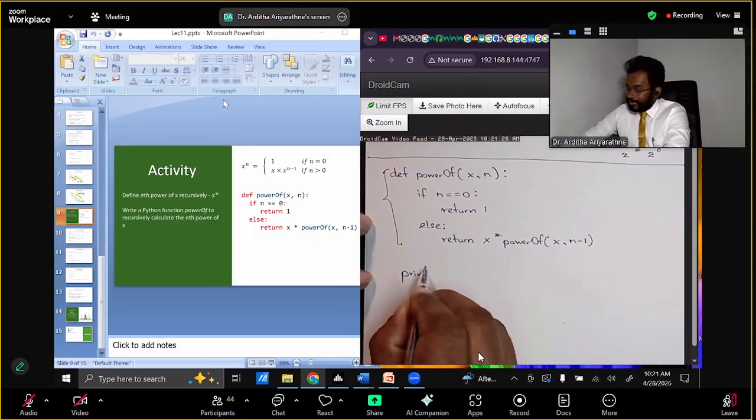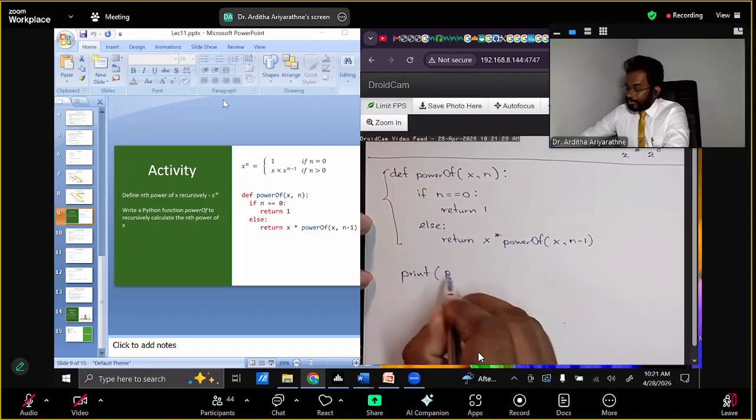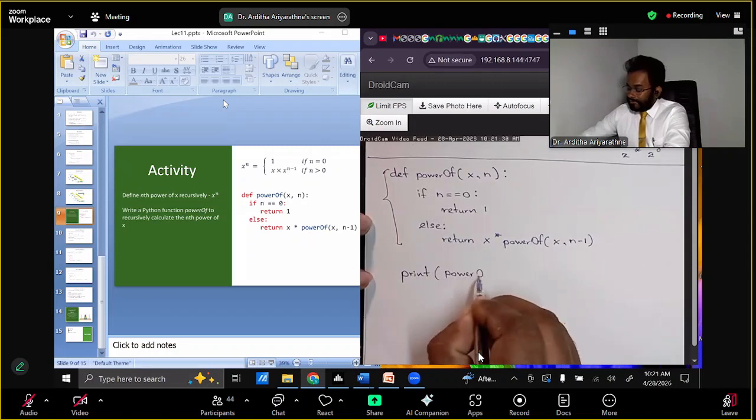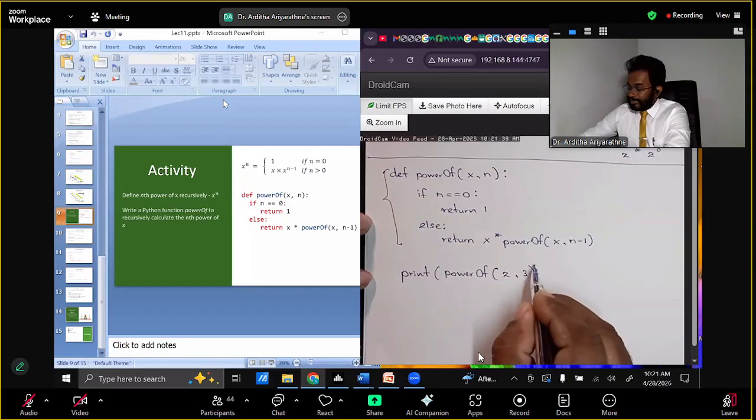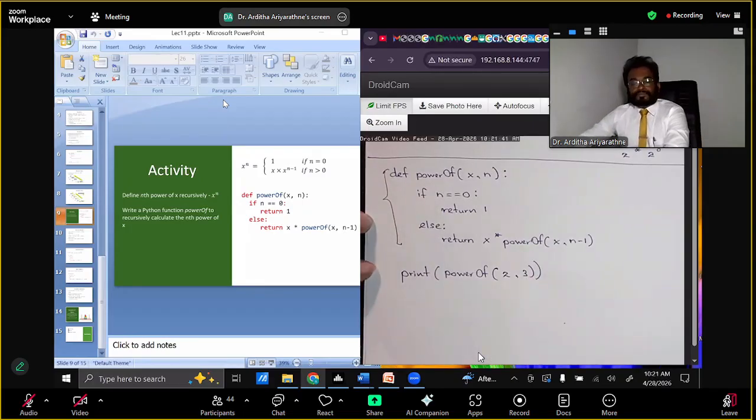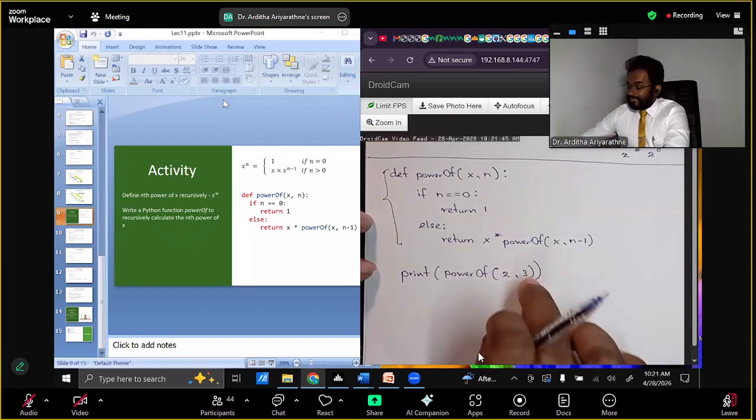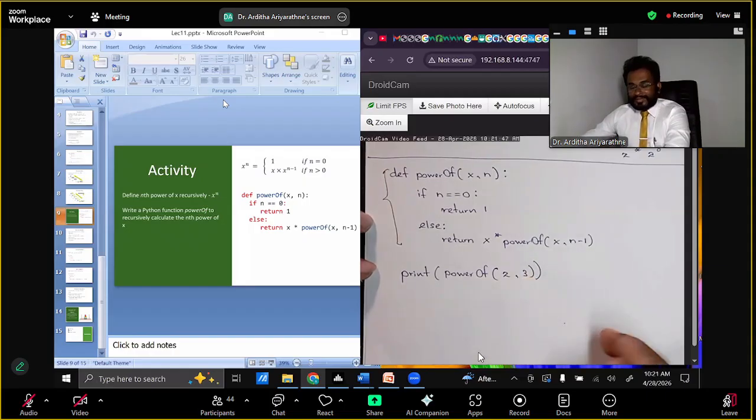Inside a print, I am calling power of, with x value 2 and n value 3. So 2 and 3 are inserted as parameters: 2 is the base value, 3 is the power, 2 to the power 3.